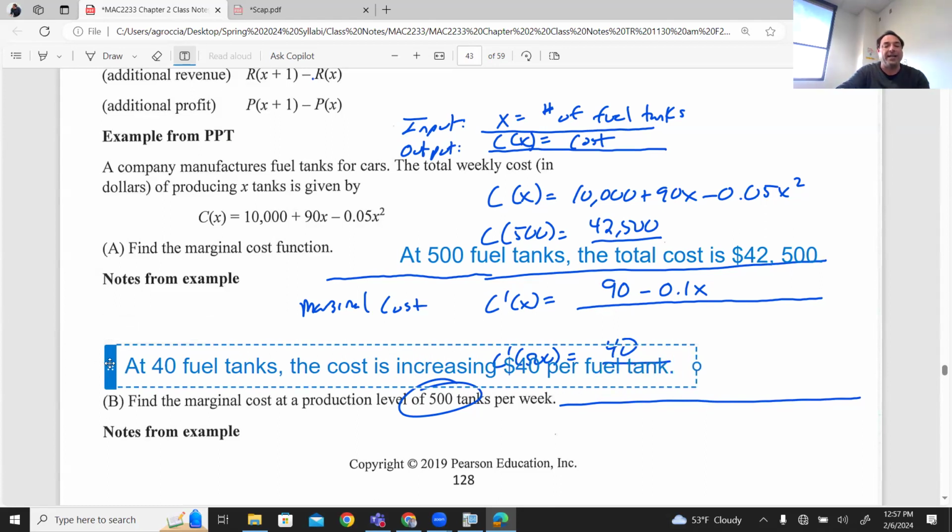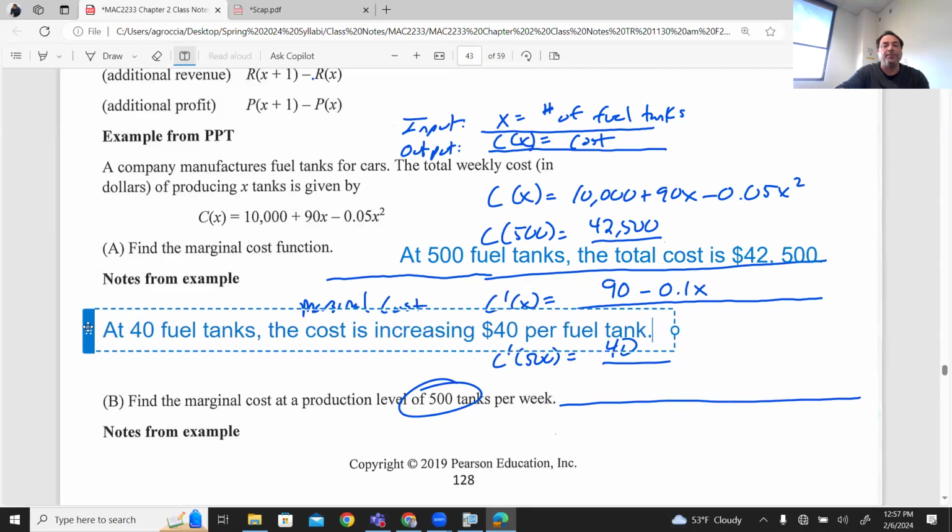Remember, last time, it was feet per second. Output over input, slope, feet per second, y over x. This time, it's cost per fuel tank. So what this means, I am stopping production. We've made 500 fuel tanks. Stop.